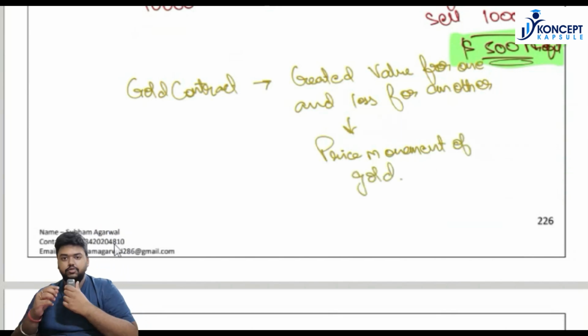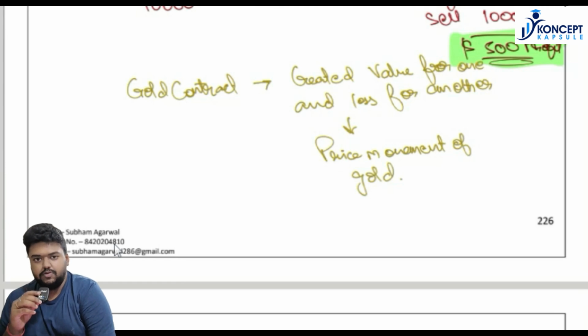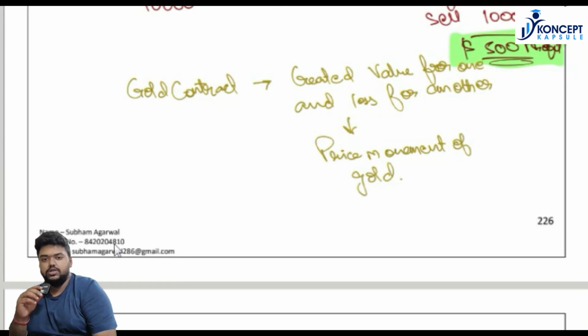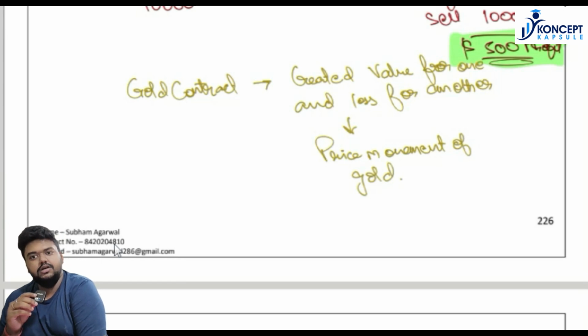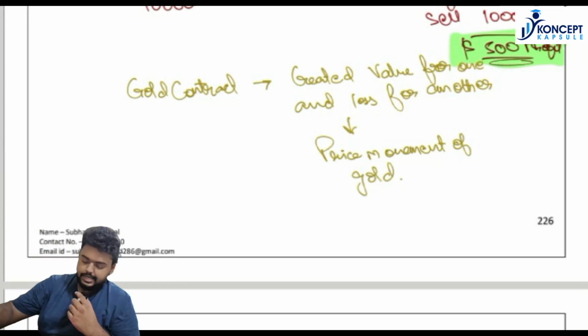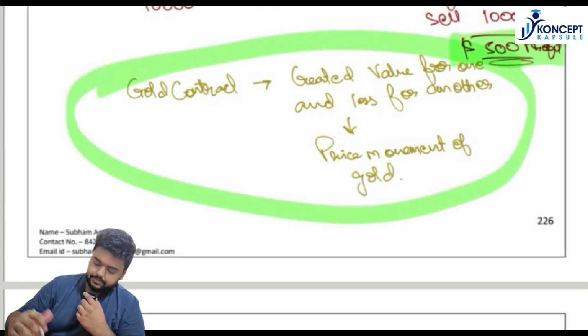So this contract was valuable to Raju when the price went up. It was valuable to Rani when the price went down. So this contract in itself does not hold value. But because the prices of gold moved and changed, the contract suddenly had value for one. Correct? These types of contracts are known as derivative contracts.